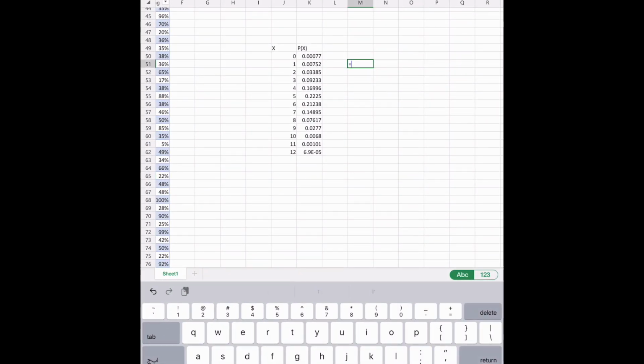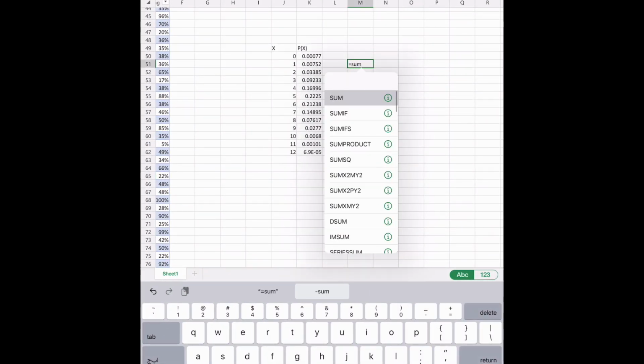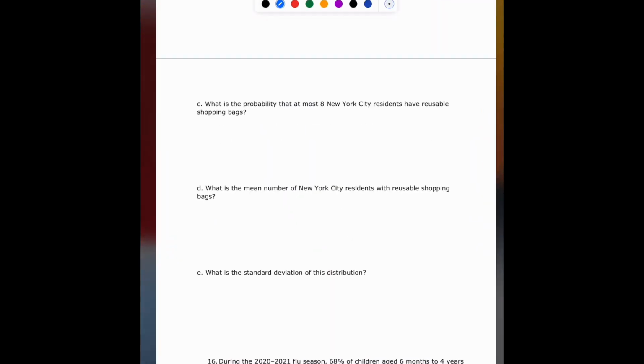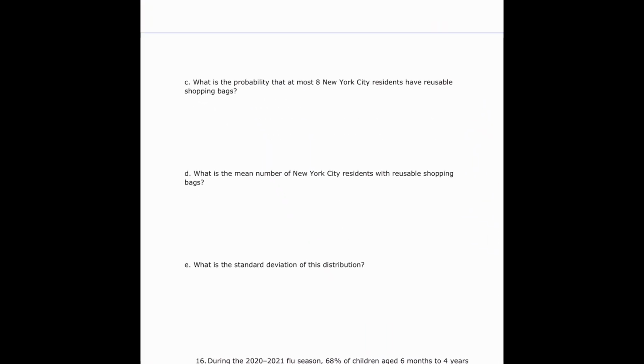So I will just say this is equal to the sum of the probabilities from 0 to 8. And that is going to give me this answer. So I will write it down. The answer is about 0.9644 or 96.44%.